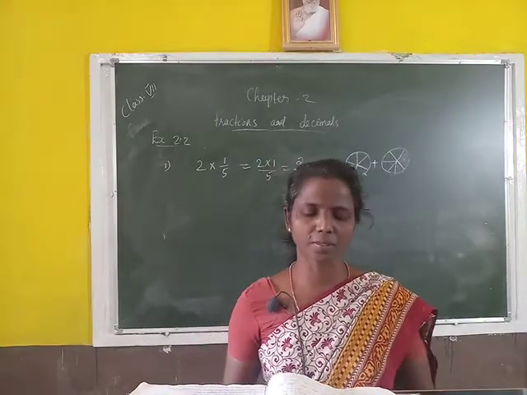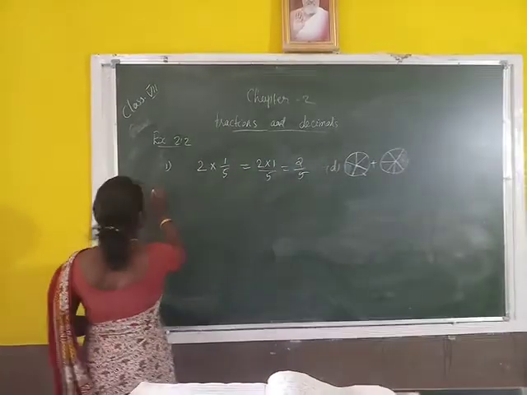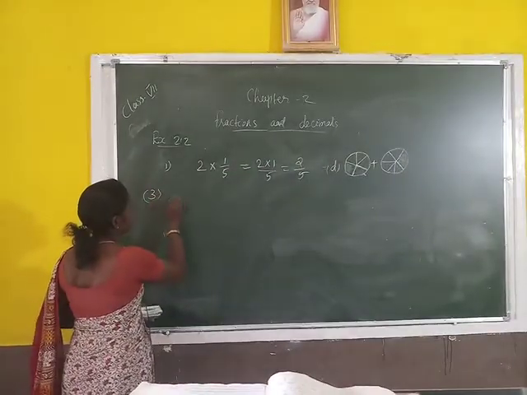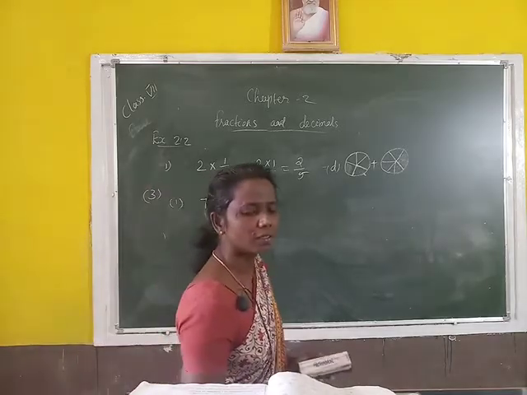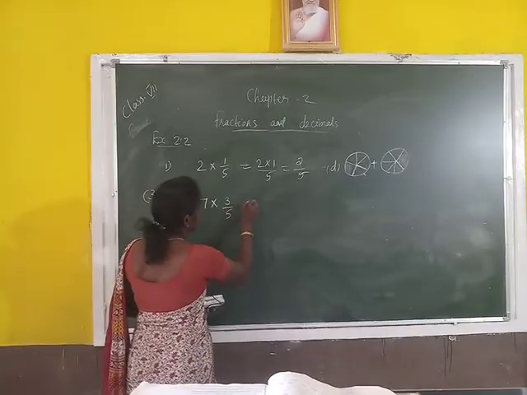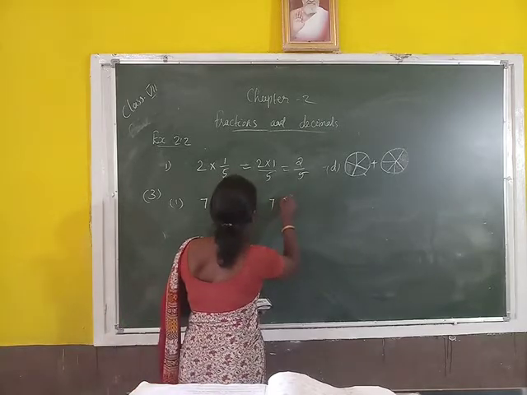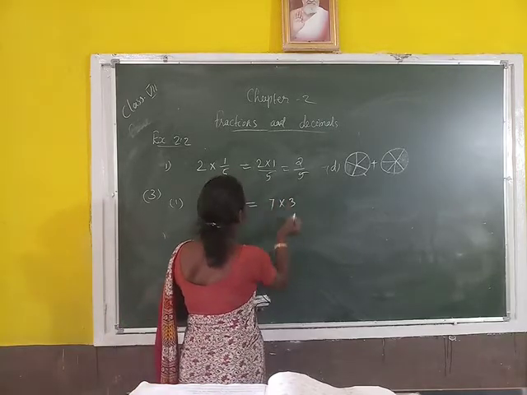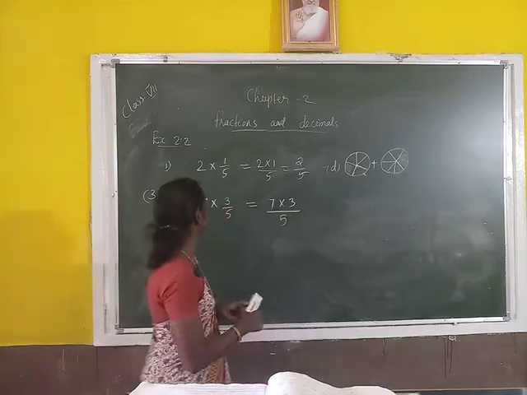Here is question number 3. First question: 7 multiply 3 by 5 is equal to, look here, 7 multiply 3 by 5.